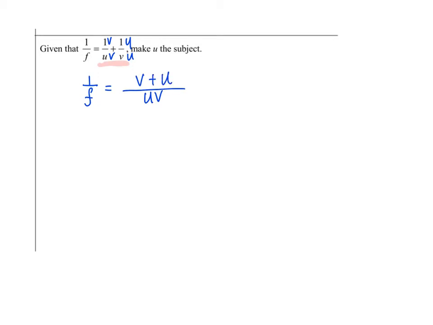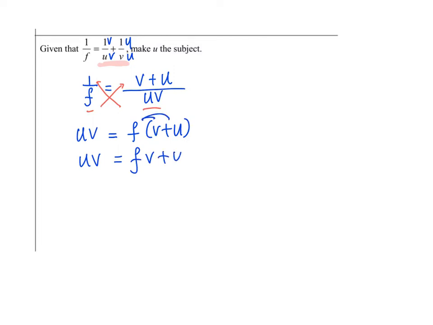Now I have one single fraction on the left hand side and the right hand side. I can cross multiply. The equal sign stays in the center, cross over: uv and f times this whole thing. That will be uv equals f times v plus uf.